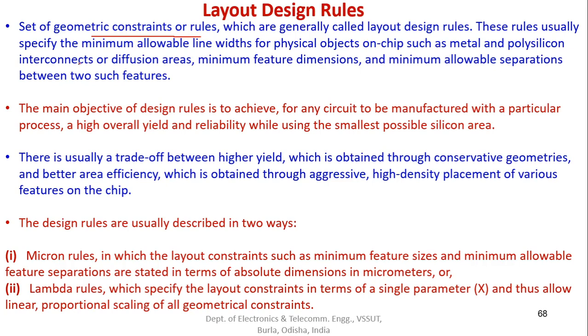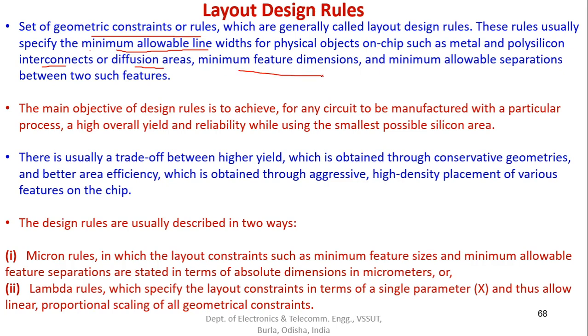So it will give us the minimum thickness of the interconnects, the line widths, the components, the gate, and the minimum width of the transistor. Such as metal and polysilicon interconnects, the metal wires and polysilicon wires, or diffusion areas, the active areas.